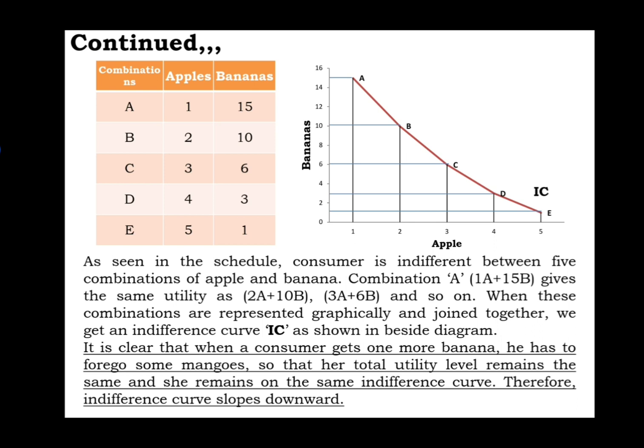So when that consumer purchases goods in this order, then he can remain in the same level of satisfaction in all the combinations of goods, or in all the possibilities of the goods.